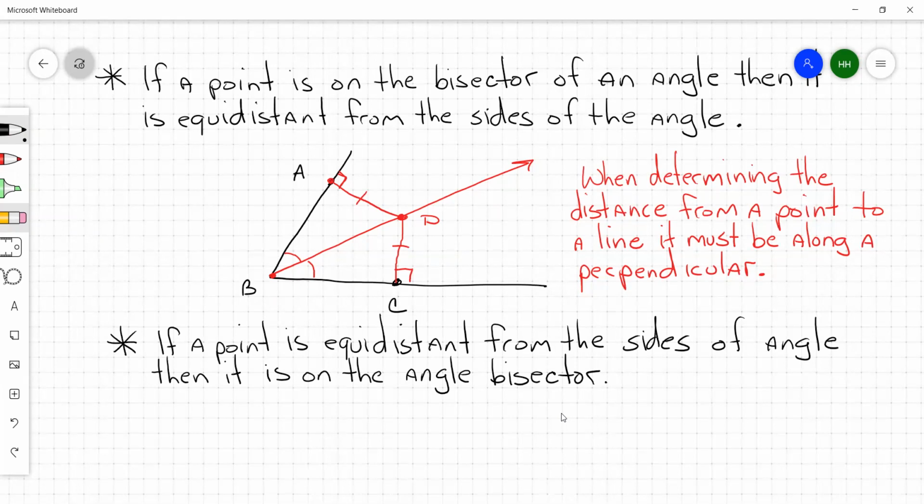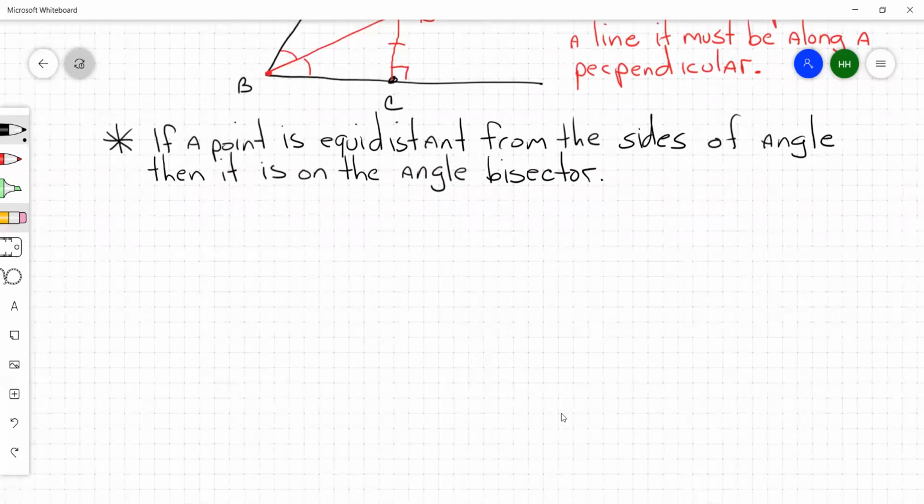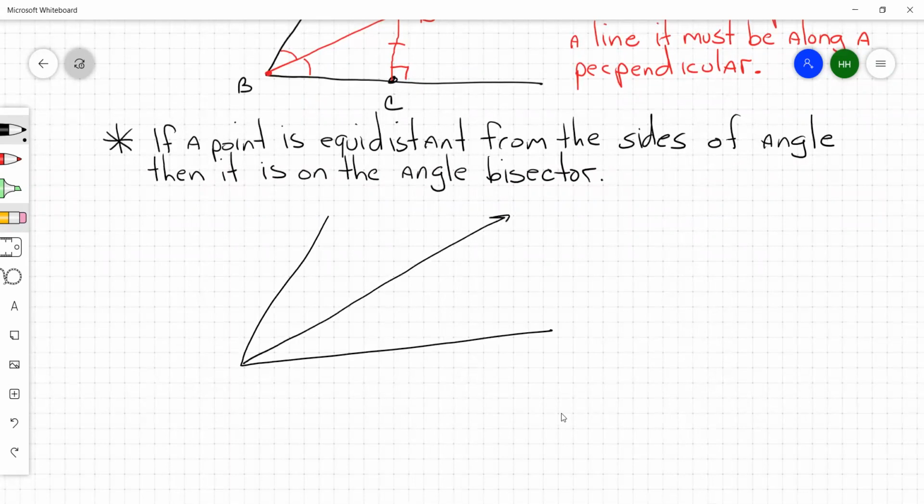If a point is equidistant from the sides of an angle. So it goes back to, if you have an angle, all right, we got angle ABC again. We got ray BD.